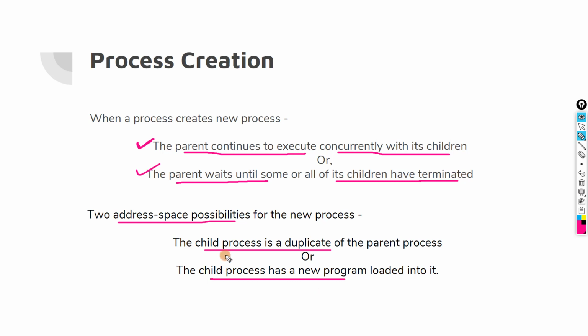Again, different operating systems follow different scenarios. For example, in the Unix operating system, the fork system call creates a child process which is a duplicate of the parent process. So when we create processes in the operating system, there may be different scenarios like this.